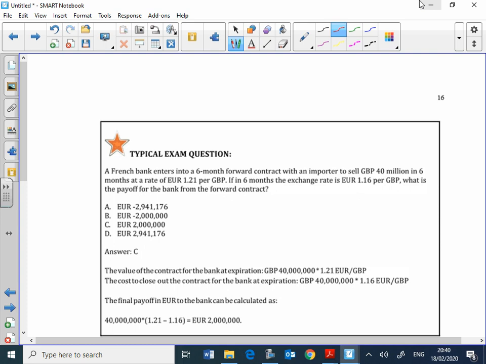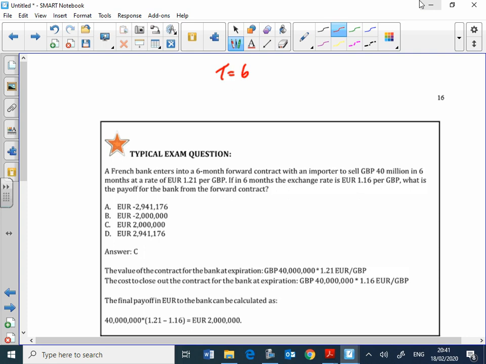Let's have a quick look. A French bank enters into a 6-month forward contract. So now you just stop straight away and you say, okay, T is equal to 6. I'm in a forward contract, and just to make it as crazy as they can, they enter you into foreign exchange, and of course they're going to put you on the sell side, not the buy side. Am I right?